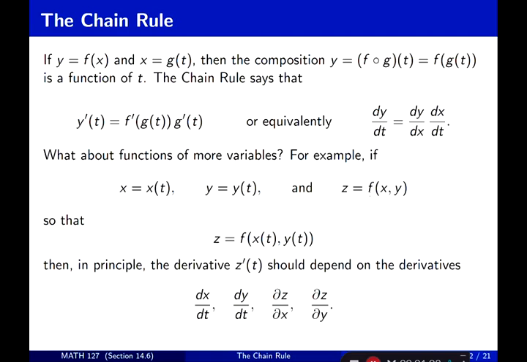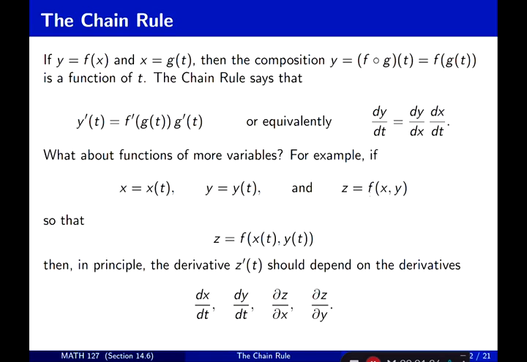So what if we have functions of more variables? For example, we have x as a function of t, y as a function of t, and z as a function of x and y. And so z becomes a function f of x of t and y of t.